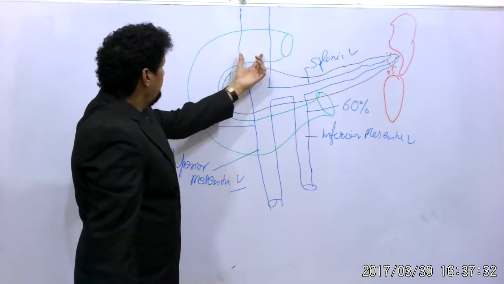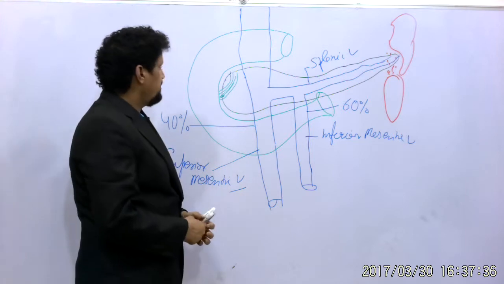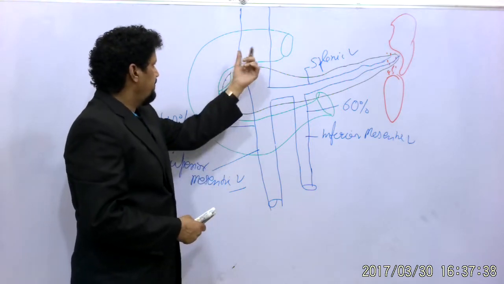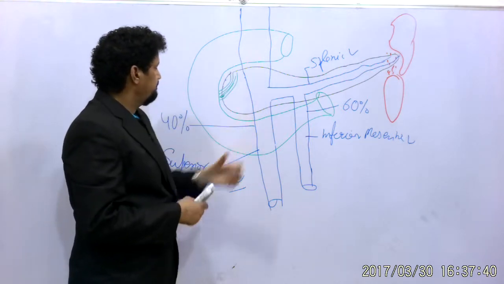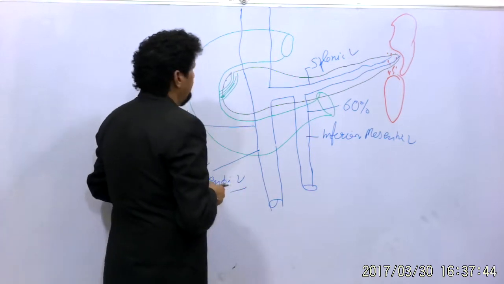The second part is retroduodenal. The anterior relation of this part is the first part of the duodenum, the gastroduodenal artery on the left side.